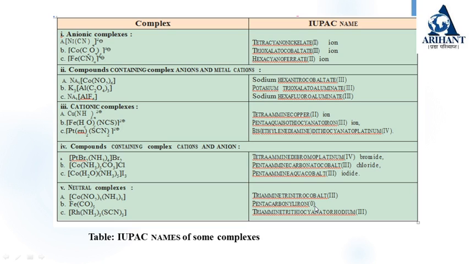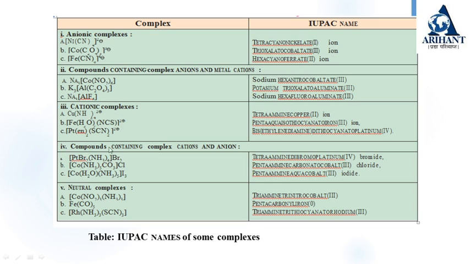So we have written Roman 3 in bracket. Next is cationic complex, [Cu(NH3)4]2+. So we will write first ligand tetraammine. See the spelling AMMINE, copper and charge 2, so therefore 2 in Roman number.